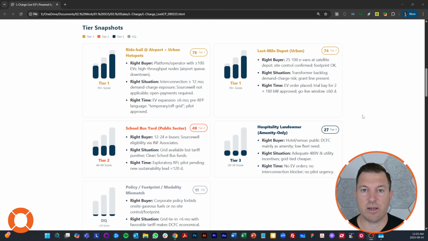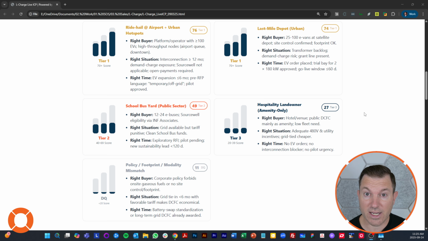These are tier snapshots of the exact types of companies that you're looking for in each of those tiers. So it's giving you an example, using your own data, of what the perfect tier 1 company looks like, the perfect tier 2 company looks like, and so on and so forth.